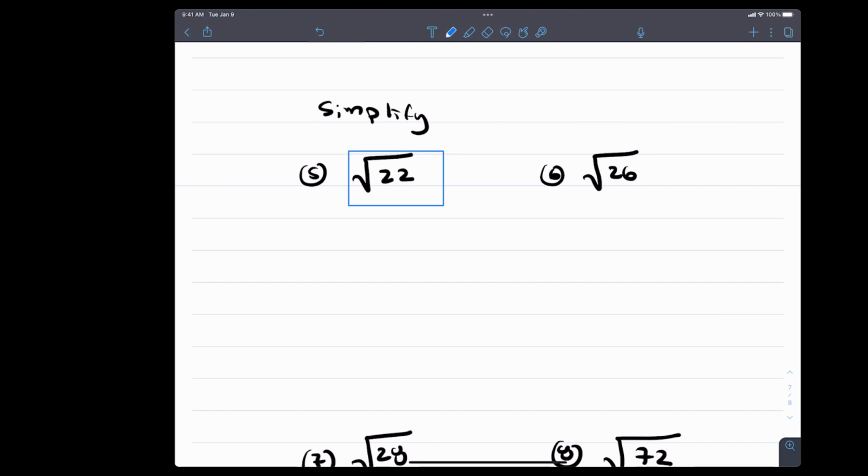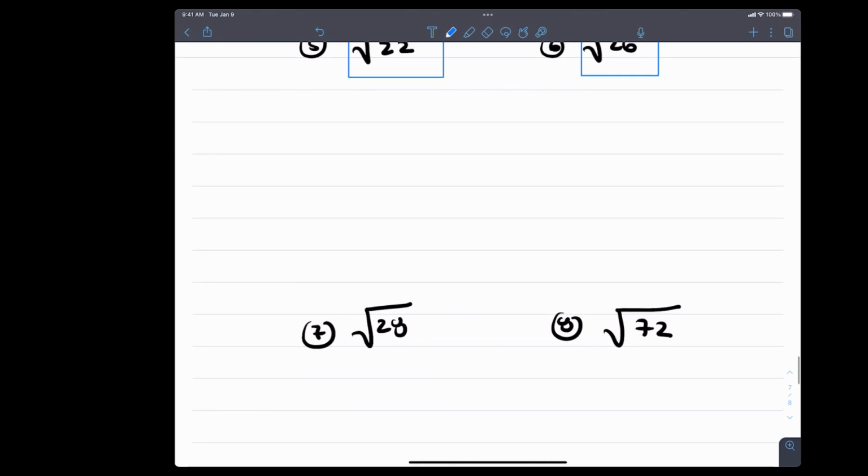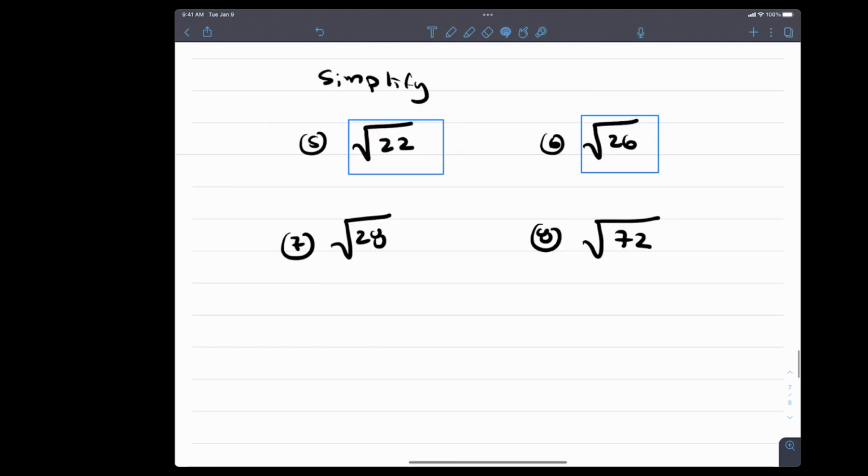Already simplified. What about 26? Already simplified? So for 22 and 26, the largest perfect square that goes into it with a 0 remainder is 1 for both of these. Okay? So now you go to 28, right?